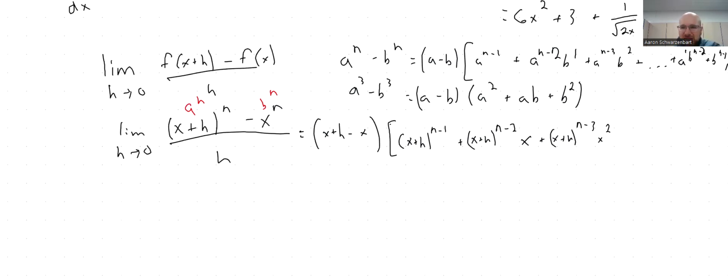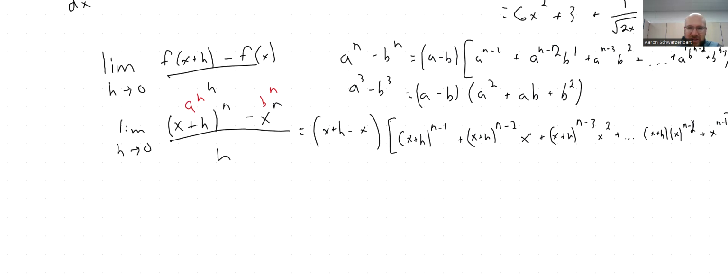And so on and so forth. Minus 2. Last one is x to the n minus 1. All over h.